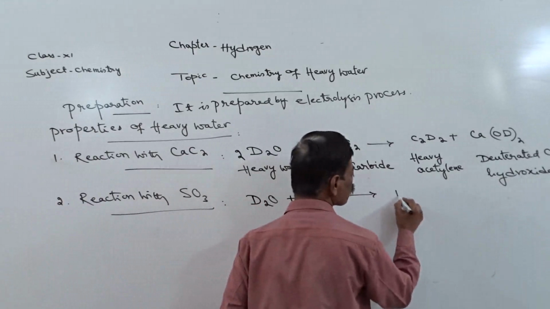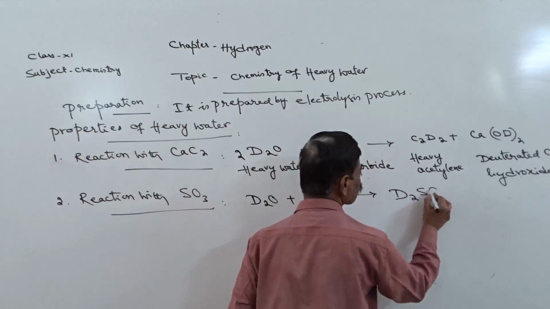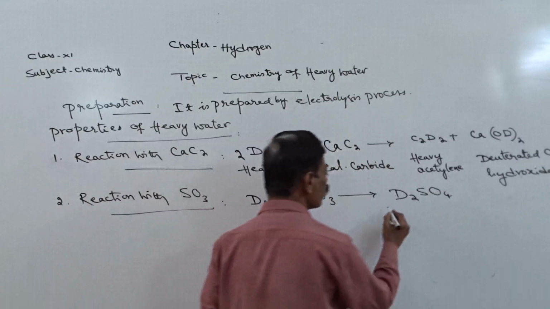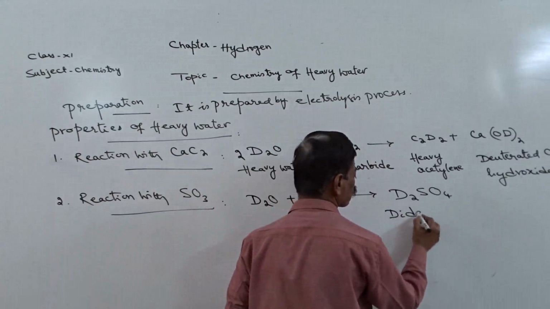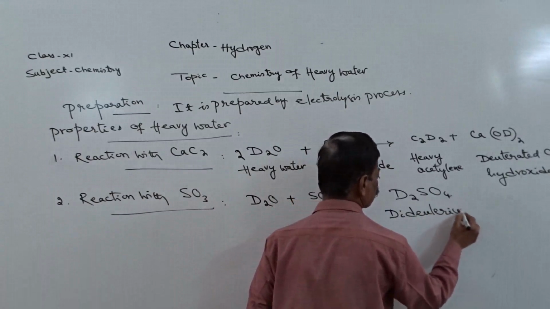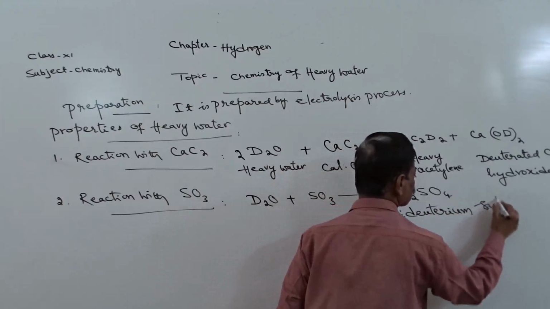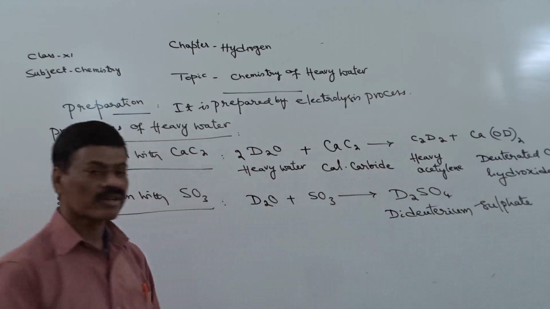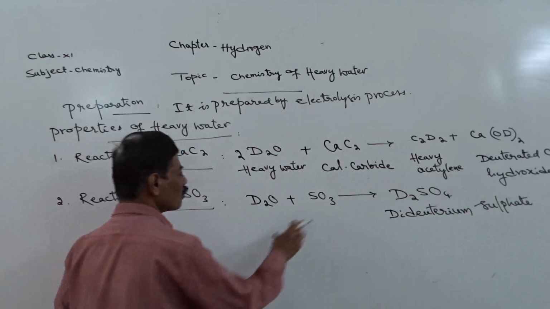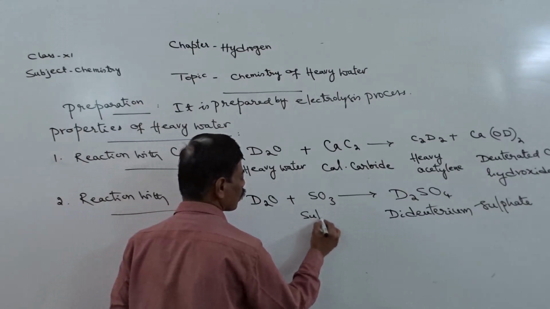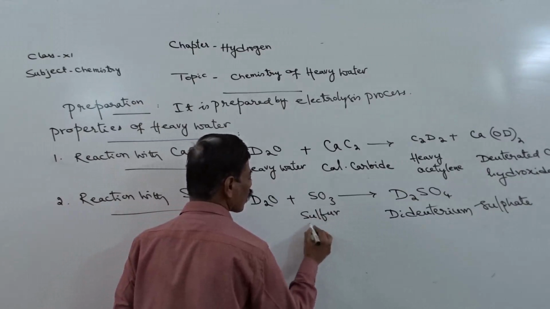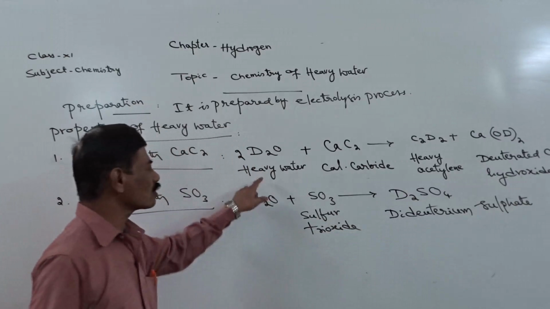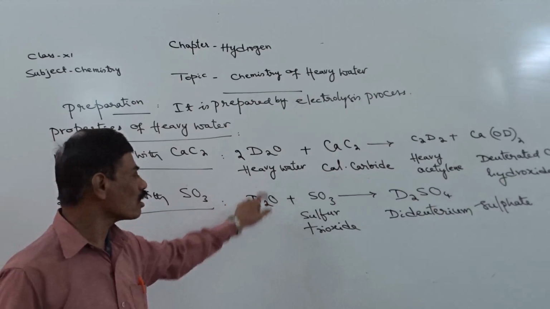So this gives rise to D2SO4. That is dideuterium sulfate. This is similar to that of sulfuric acid, and this is sulfur trioxide, and H2O is known to us, that is heavy water or dideuterium oxide.